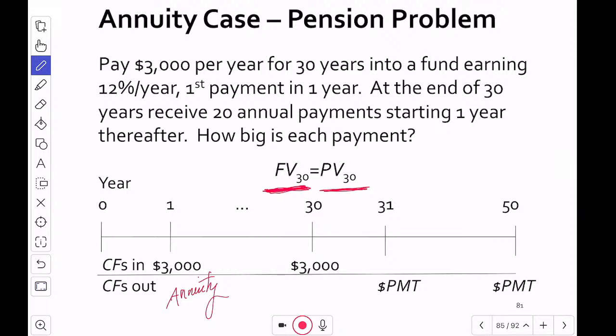We're going to use that to deal with the annuity on this side. There's also an annuity on this side, but now we're withdrawing from the fund. How we differentiate is that these are cash inflows going in, and these are cash outflows going to us.